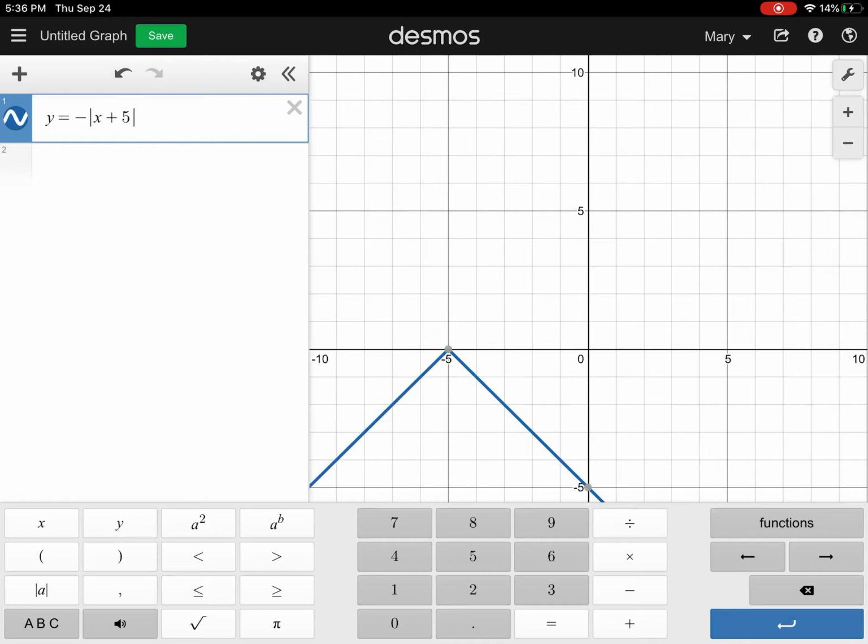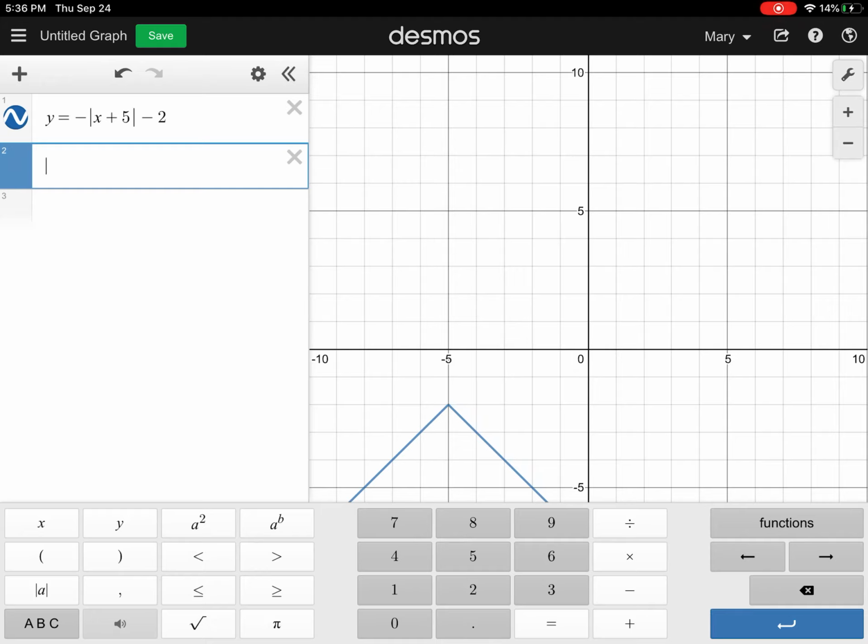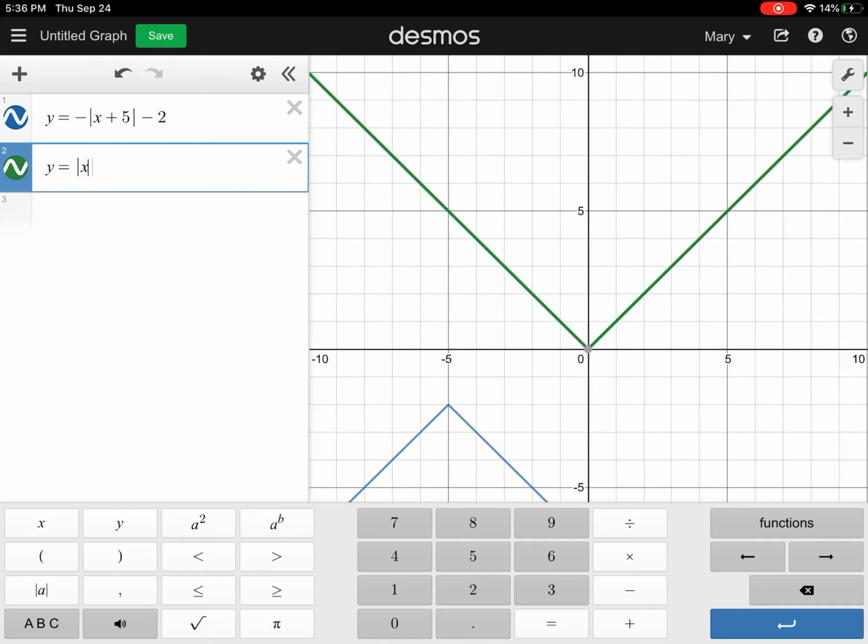And my absolute value bars, and then minus 2, I think it was. And so there it is. So that is compared to the graph of the regular absolute value function, which is just y equals absolute value of x. So if I put that and I ask myself, well, how did it change? Well, it moved left 5, down 2, and it's reflected.